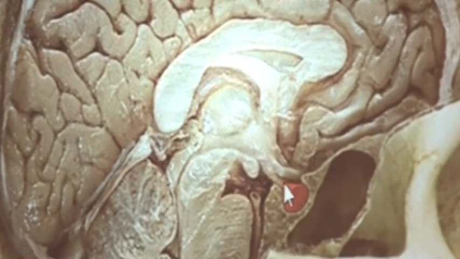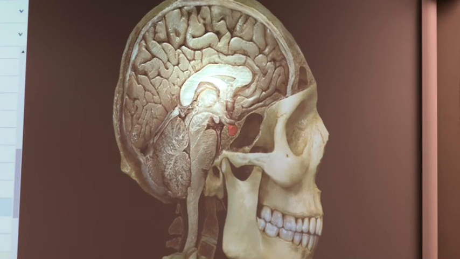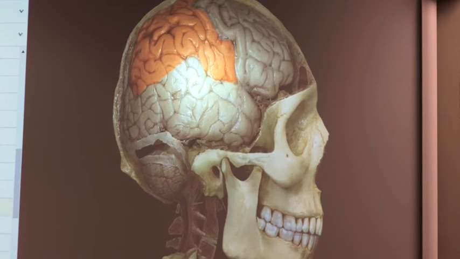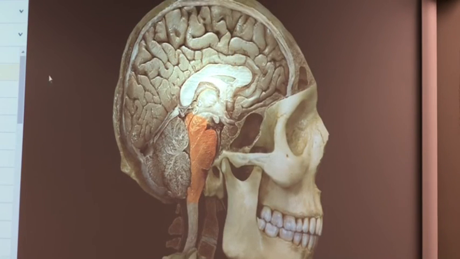Great look at the pituitary gland there. Hypothalamus. Hypothalamus here. Thalamus. There's the parietal lobe. The entire brainstem.